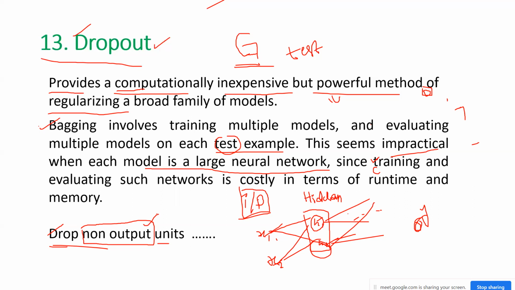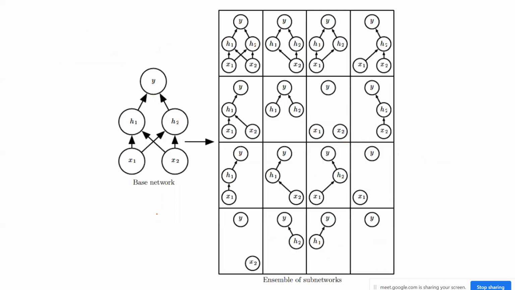Then our model will give more accurate, that means reduced error, while predicting the output. So that's why we are removing such units. The unit which has not generated the output will be removed from the output layer.